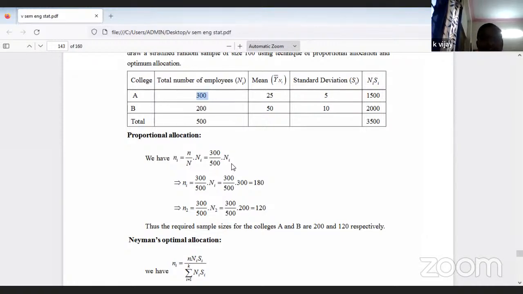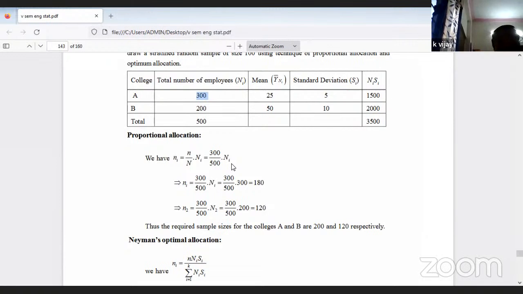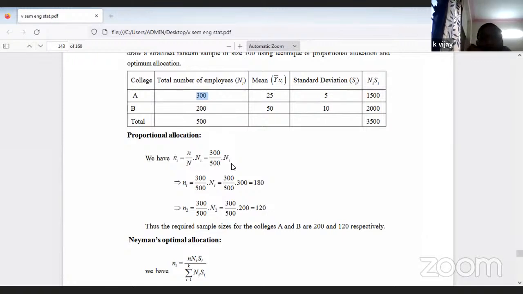Is it correct? Tell me fast. Sir, correct, sir. Well, is it correct, Tanvir? Sir, 300 by 500. But 300 is capital N, right?